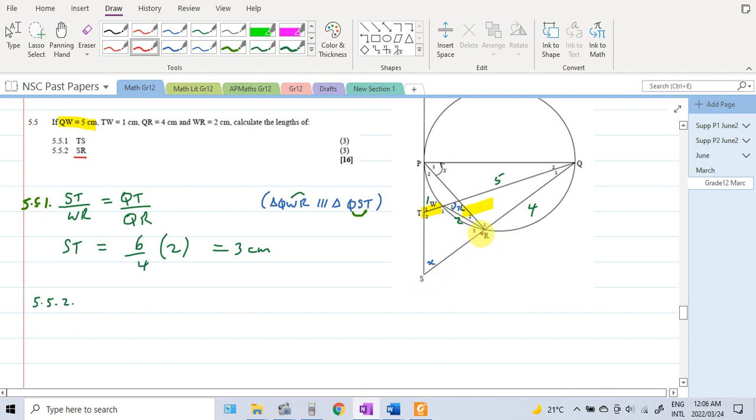So try to find QS over QR. So in triangle, we're going to put down triangle QWR is now similar to triangle QST. So let's try to find QS. We just found ST now. ST was 3 centimeters.